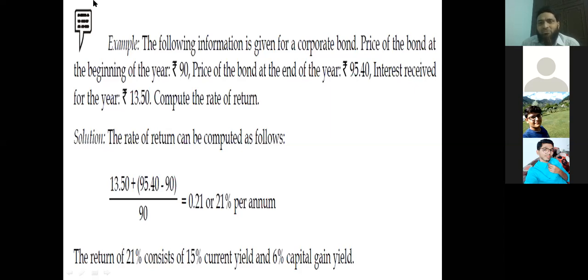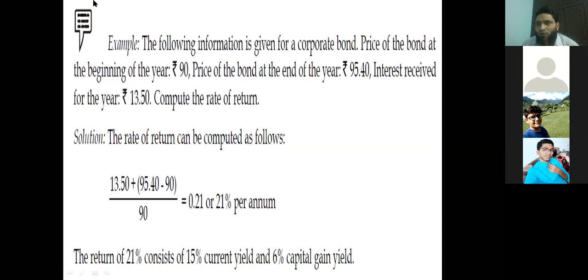Only in certain cases, when debentures or bonds are issued at discount, at par or at premium for a certain period of time, and at the time of redemption the amount may be at par or at premium, what you have to check is this. Just like in this example, a bond was purchased at rupees 90.